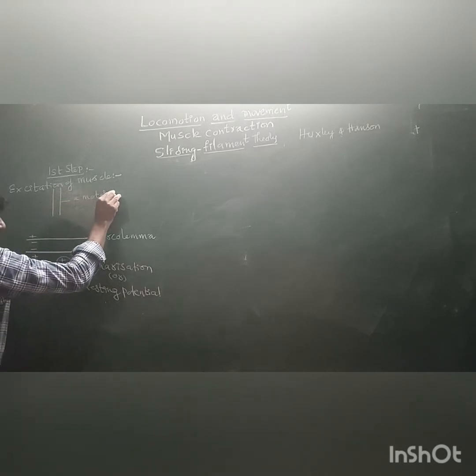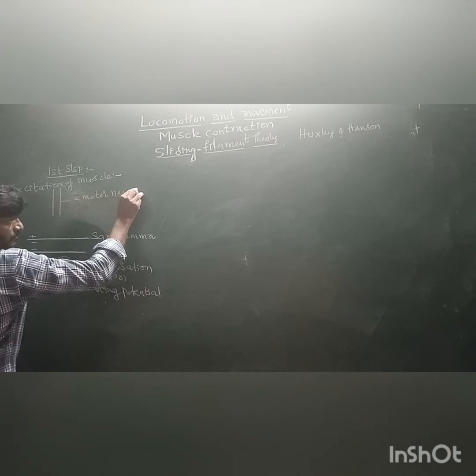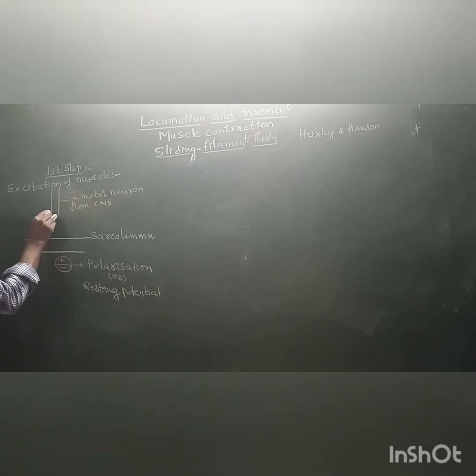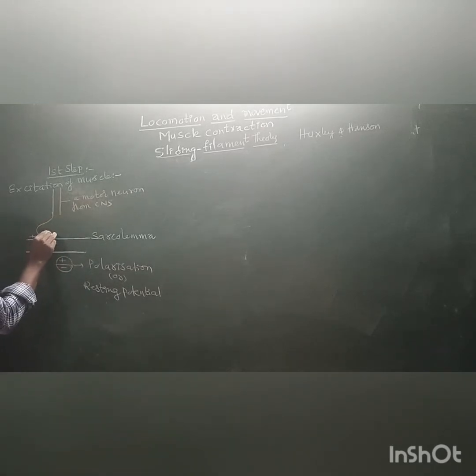When this condition is present in the sarcolemma, the muscle is at rest. But a motor neuron from the central nervous system stimulates the sarcolemma at the neuromuscular junction.